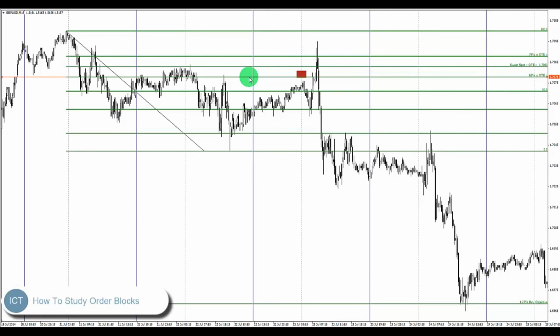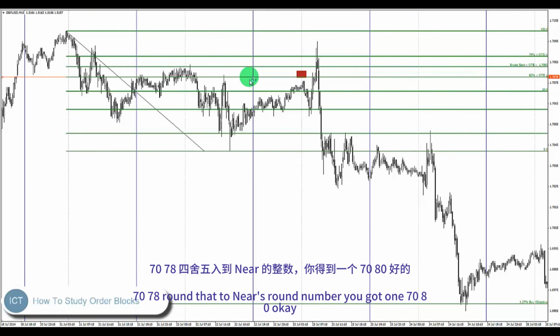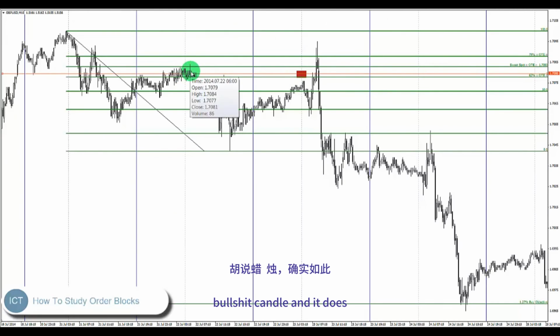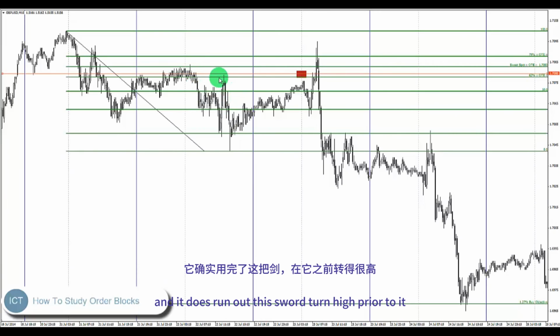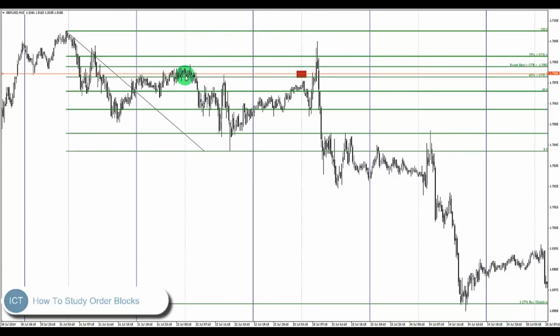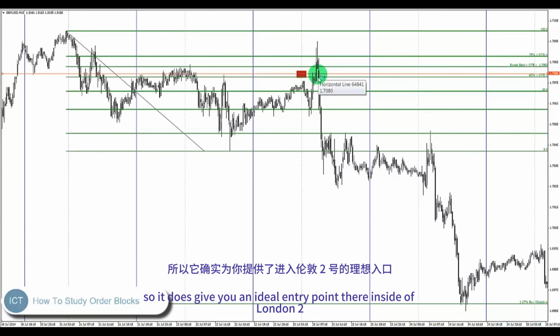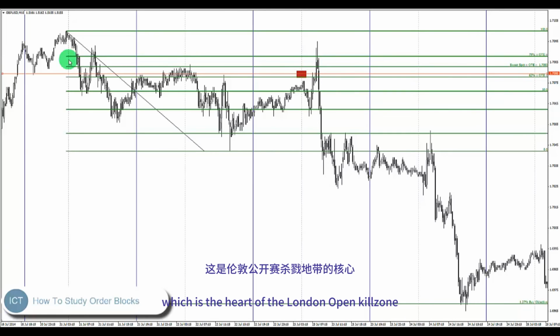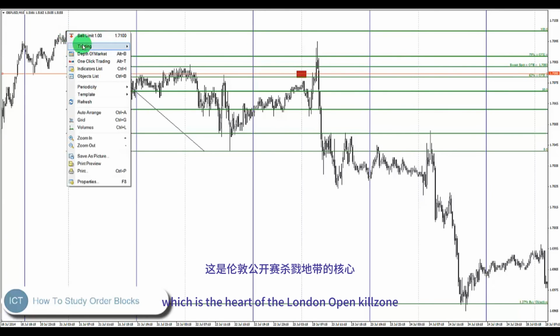That would be 170.78. Round that to the nearest round number, you got 170.80. Okay, you're inside the optimal trade entry, and you're also back inside this bullish candle order block, and it does run out this short-term high prior to it. So it does give you an ideal entry point inside of London too, because this candle on the high comes in at 8:15 GMT, which is the heart of the London Open kill zone.